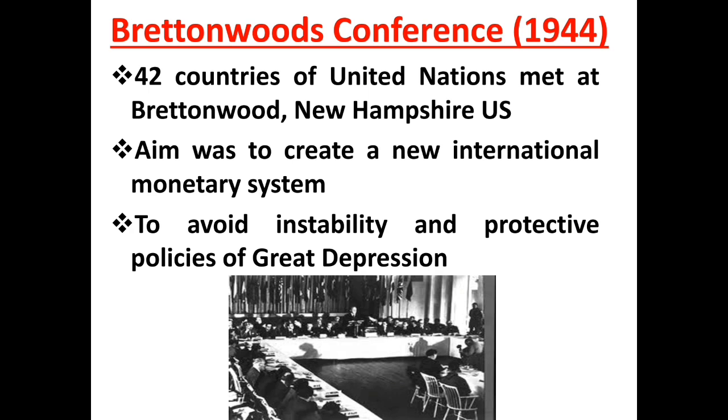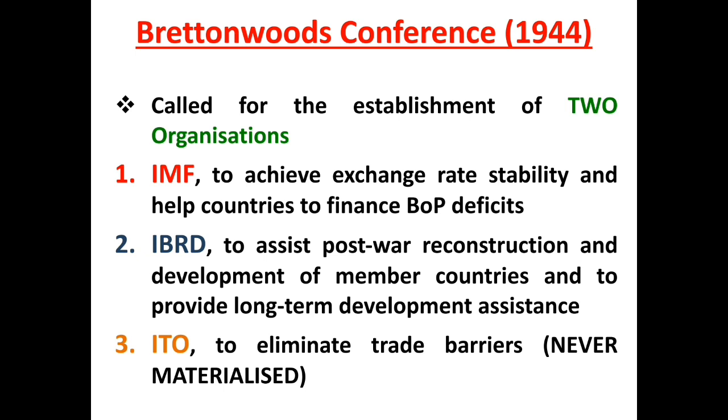The Bretton Woods Conference called for the establishment of, in fact, 3 institutions, but only 2 actually came up. One, the International Monetary Fund, with an objective of achieving exchange rate stability and helping those countries that are facing a balance of payment crisis.